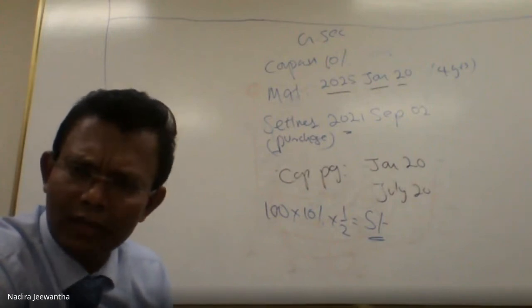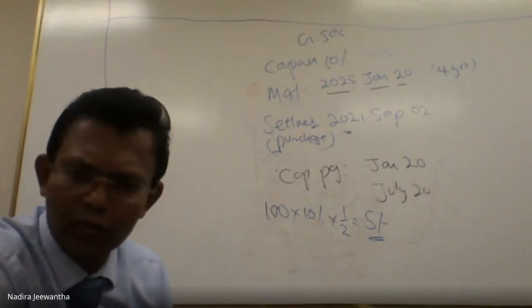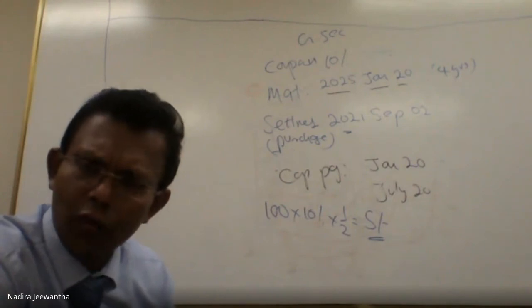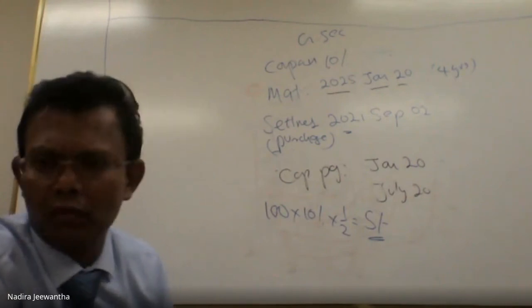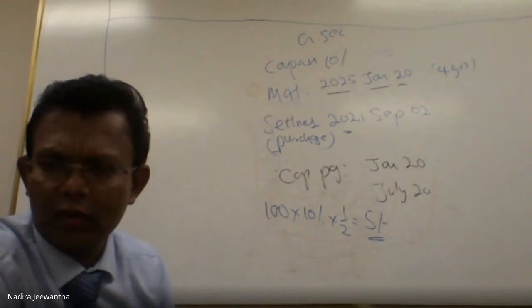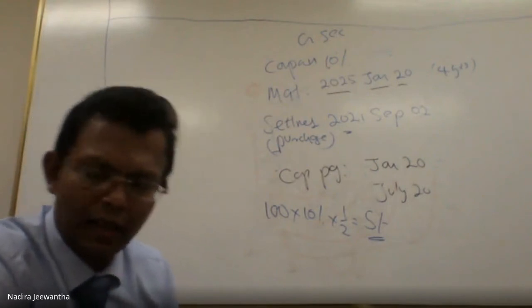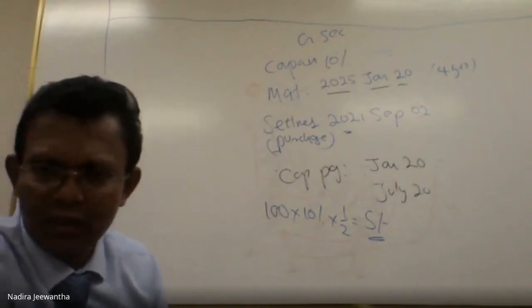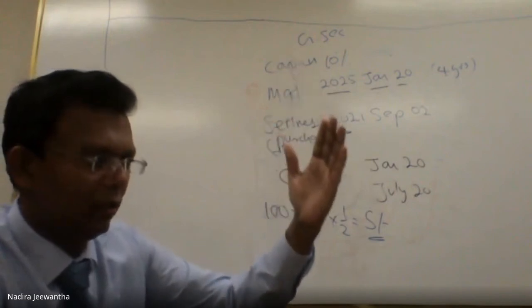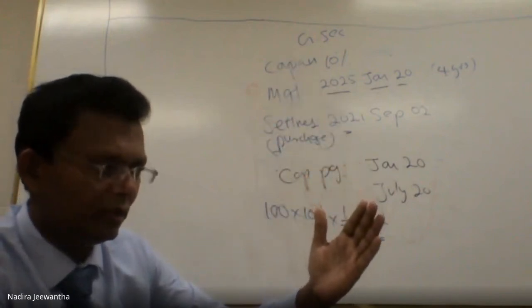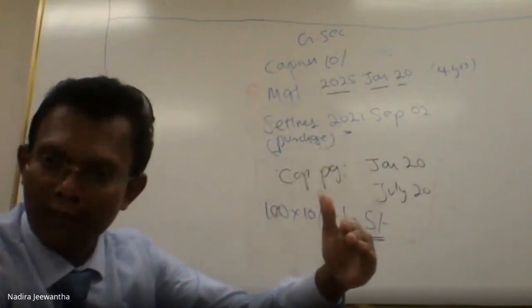The central bank is not worrying about how long you have been holding this particular bond. From the seller side and the buyer side, you check the list of holders, it says your name is appearing.